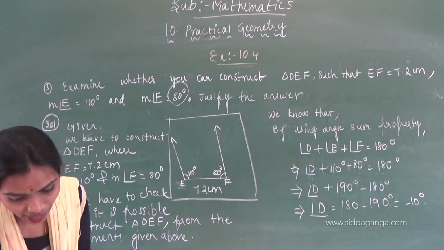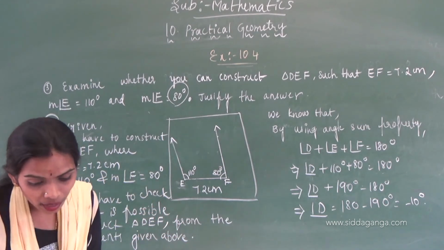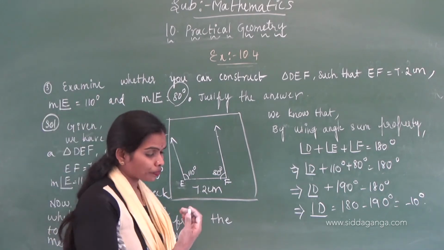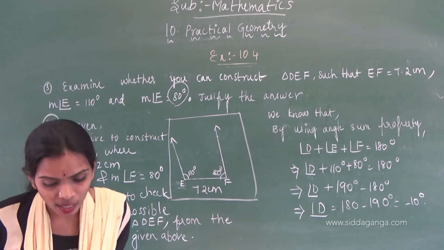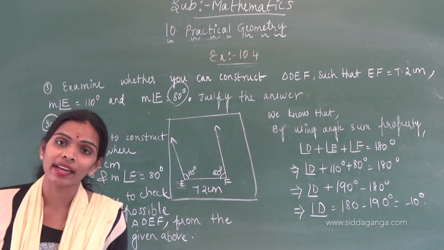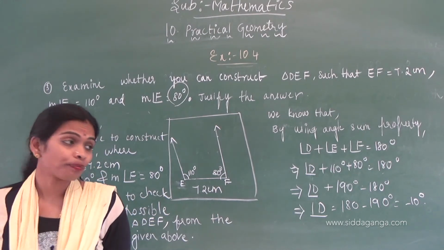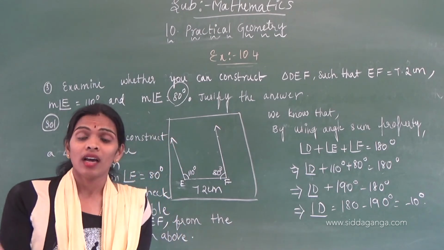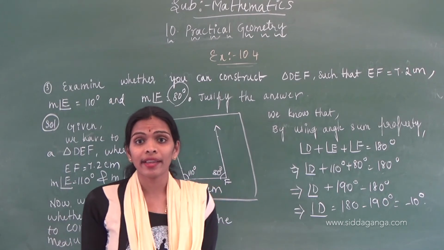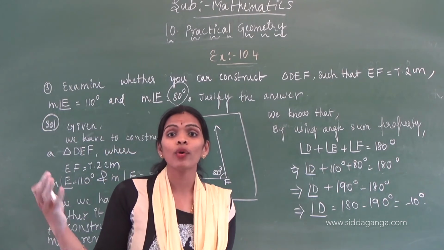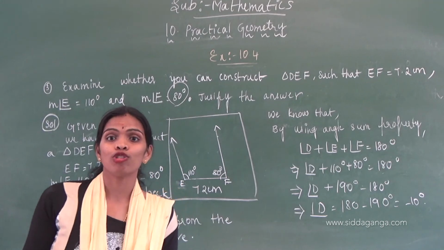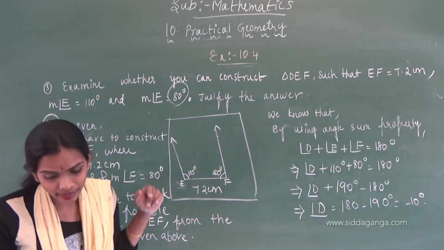After that you have to write, we may observe that the sum of the two angles is 190 degrees, which is greater than 180 degrees, which would be the sum of three angles. That's why you can't construct a triangle by using the measurements. We have to write like that.